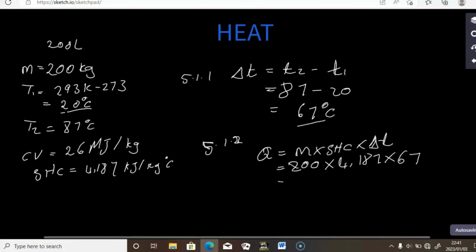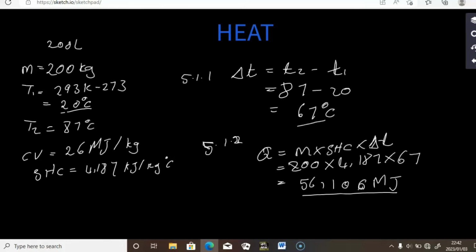And from here, we are going to calculate, and I got the answer as 56.106 megajoules. I'm sure we do know how to convert from mega to kilo and all that stuff. So I decided to convert this answer to megajoules because it was too long.